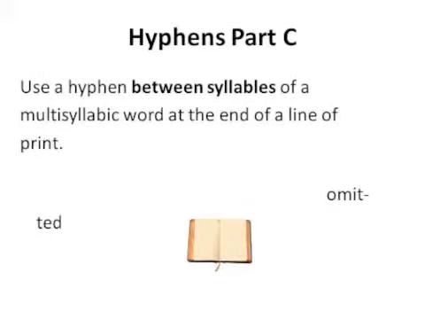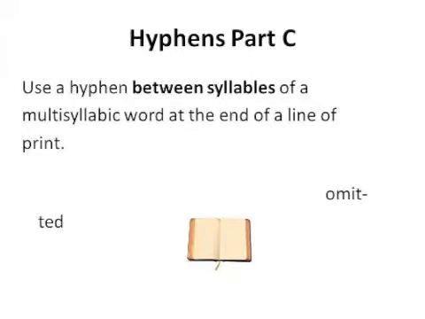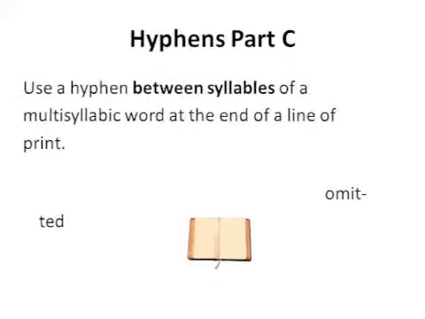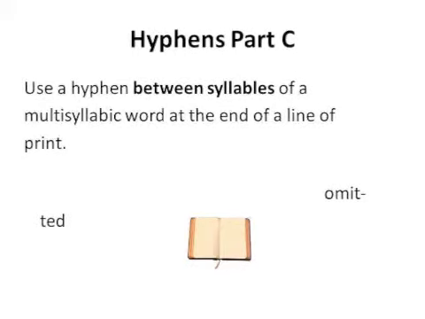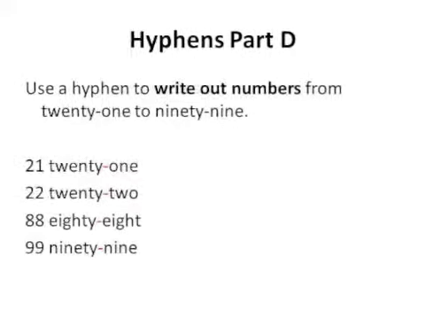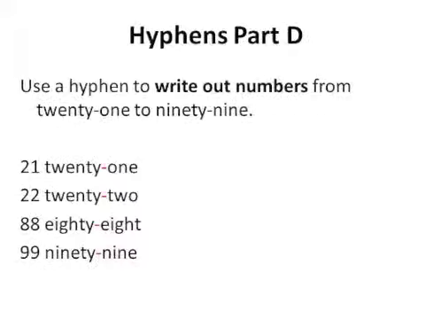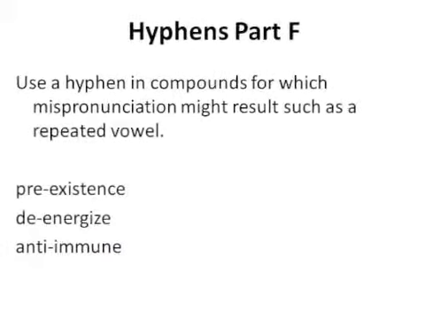At some point, everybody has seen a word divided between syllables at the end of a line that runs onto the next line. This rule speaks for itself. This rule is less common, but you may see it.